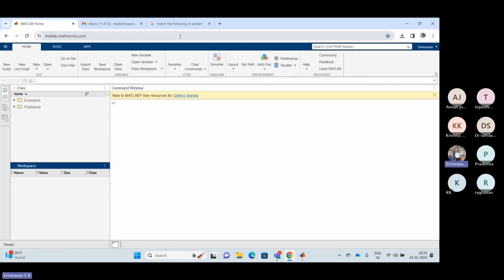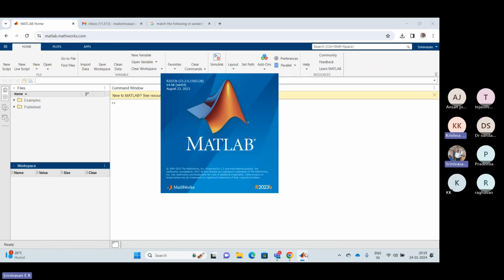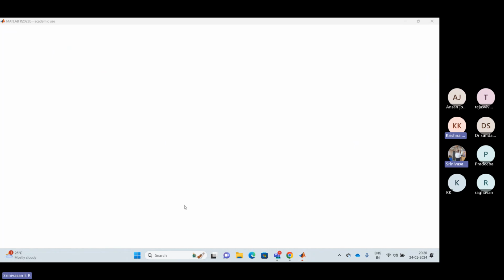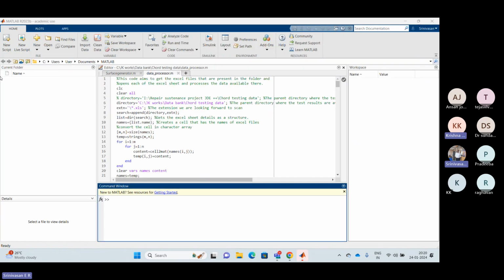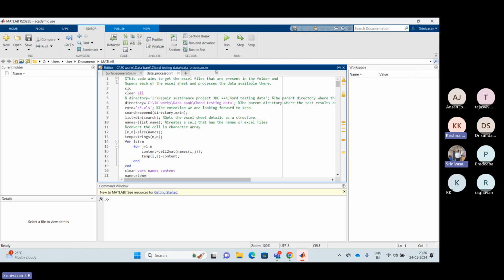In addition to this, in MATLAB you can write code and then compile and execute it all at once. I hope my MATLAB screen is visible. In your home screen, you will see what is known as the editor.